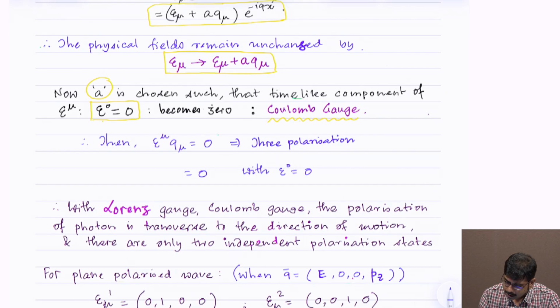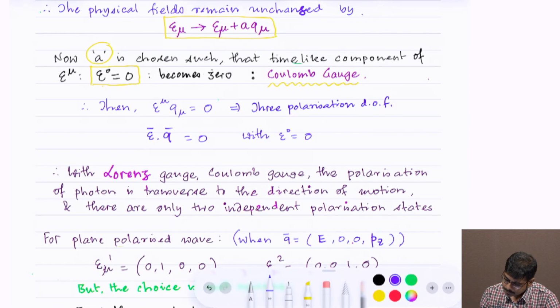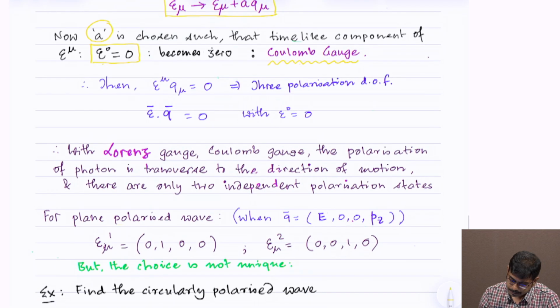So that basically says epsilon dot q is equal to 0 with epsilon 0 equal to 0. This says that the polarization of the photon is only transverse to the direction of its motion, and it has only 2 independent polarization states.